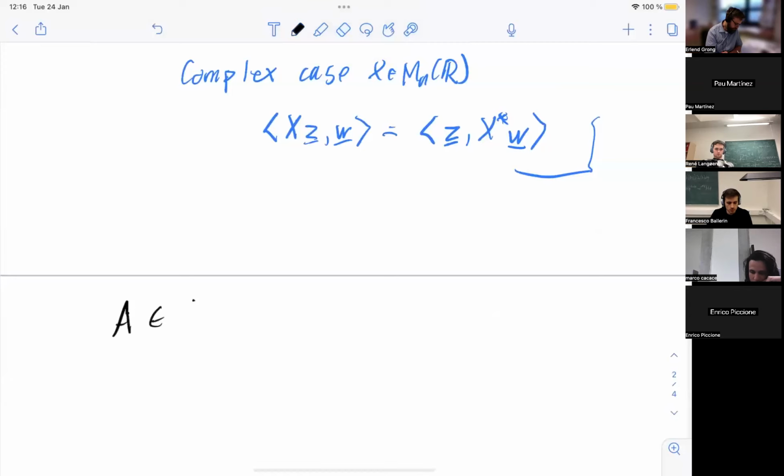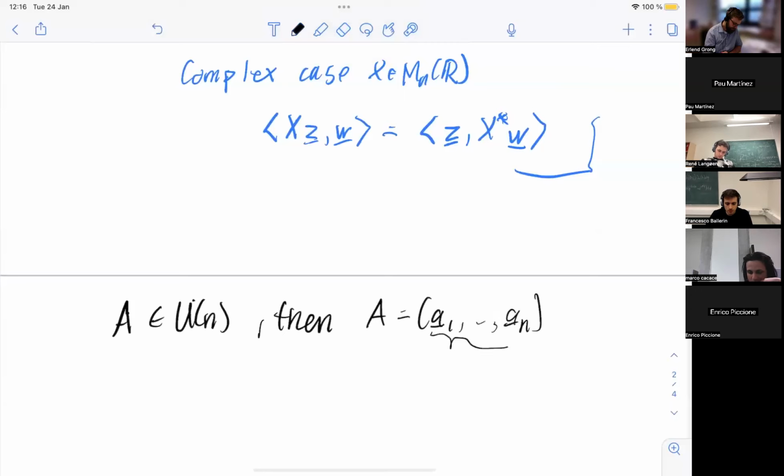It's also similar in the sense that if A is in Un, then A can also be written in a form like this, but now this is an orthonormal basis in Cn.